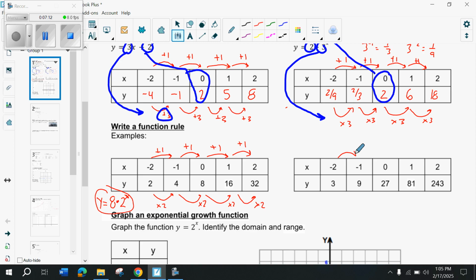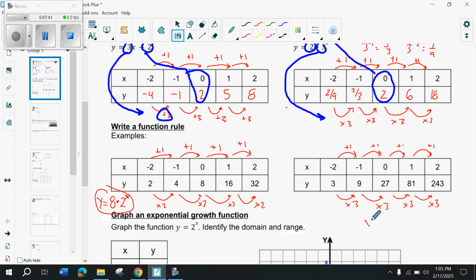Once again, x is increasing by 1, so I know that part is cool. Here, I'm multiplying by 3 to get from 3 to 9, multiplying by 3 to get from 9 to 27, multiplying by 3, multiplying by 3. So once again, I can see right here that my value for y when x equals 0 is 27.